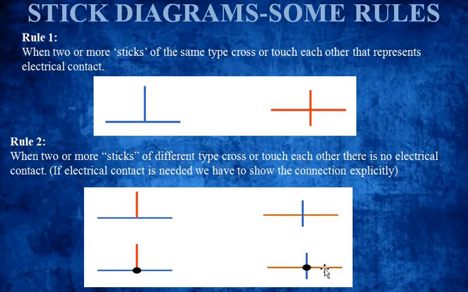Like this is your N diffusion, and you have the contact cut of your metal and P diffusion. So we give a black dot over here, and where there is interconnection between your polysilicon and your metal, there is a contact, and there we give a black dot. Wherever you have interconnections, you go for the black dots.